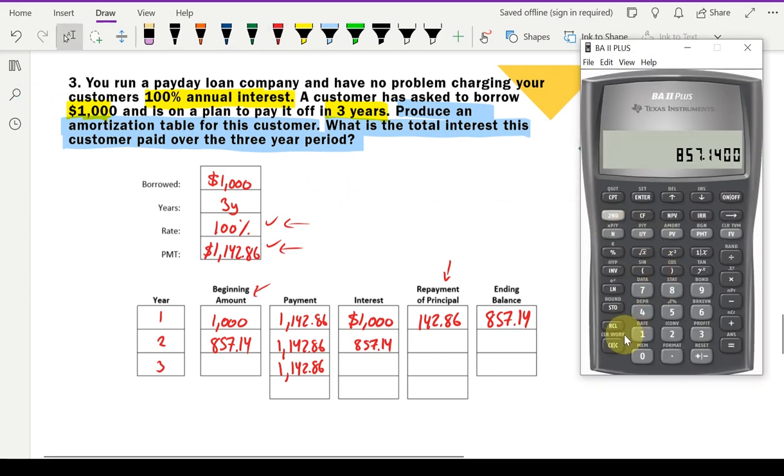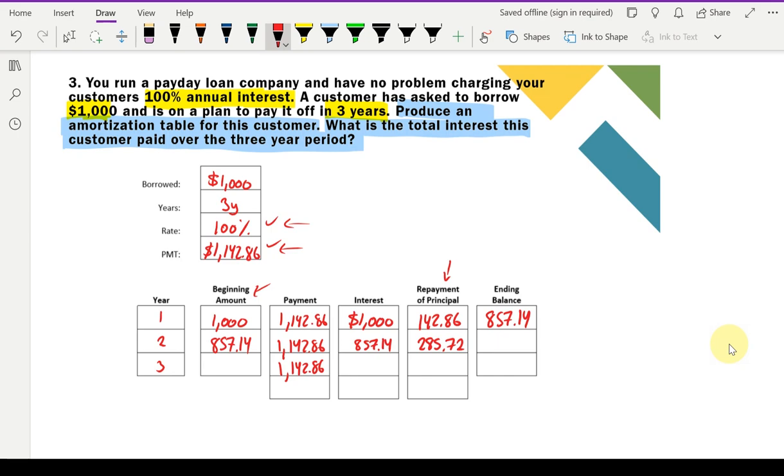So let's go back to 1,142.86 minus 857.14. That leaves us with repayment of principal for that year of $285.72.